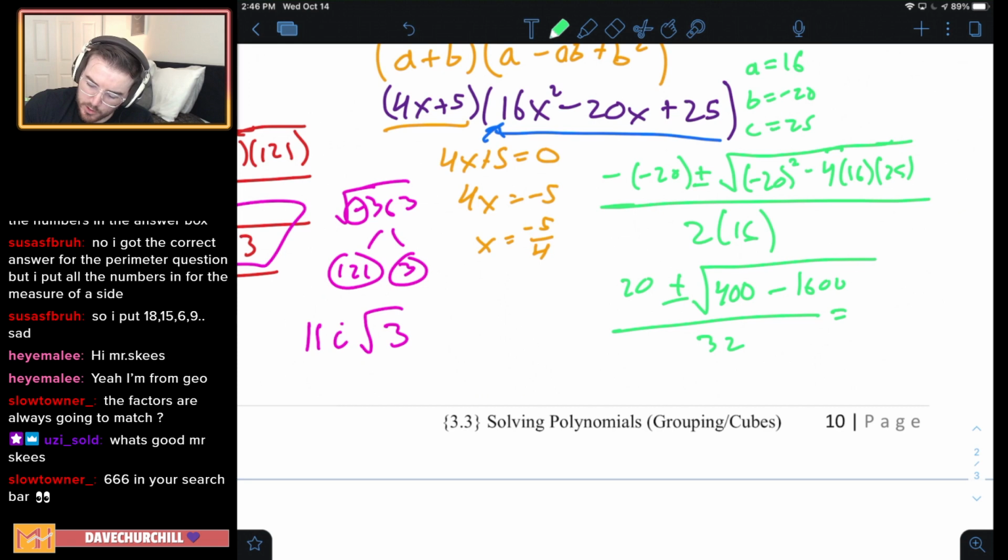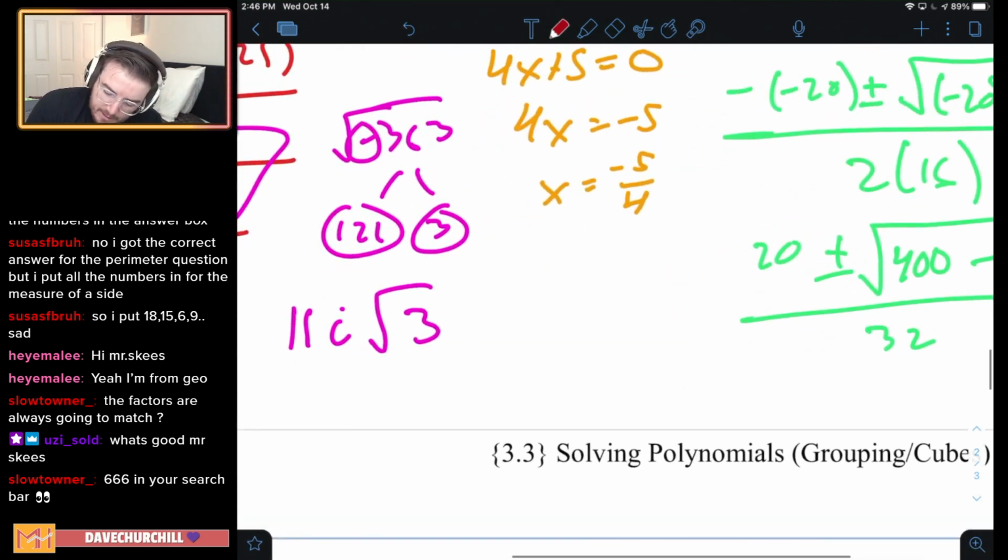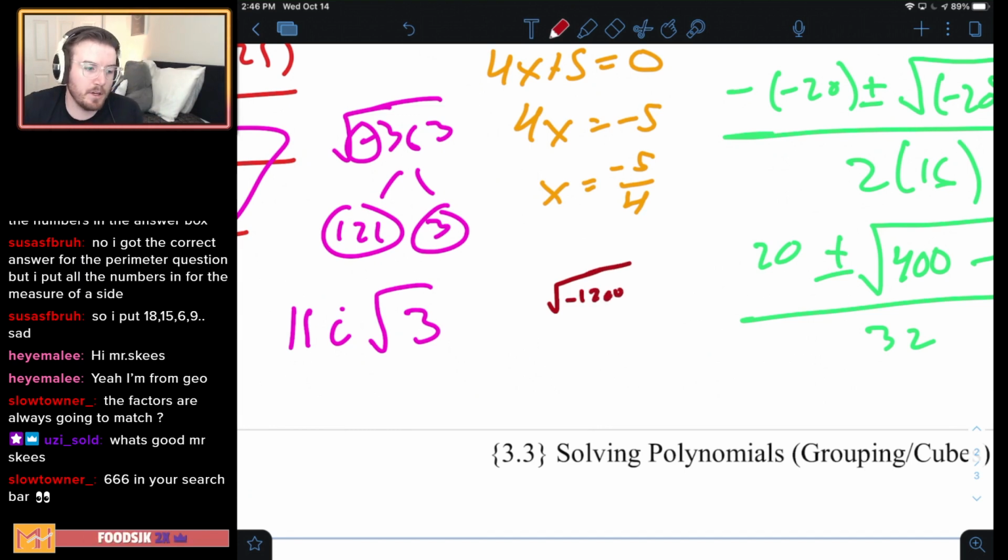I end up with 20 plus or minus the square root of, what is that, negative 1200, all over 32. And again, when we simplify this radical, I'm going to do it off to the side here. I'm looking for the biggest perfect square. I actually know this one offhand.